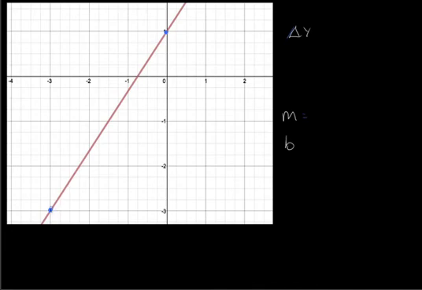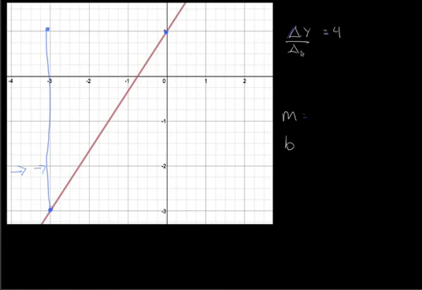That's the vertical change. Again, I'm going to go from left to right. We're going to do this like we're reading a book, left to right. I'm going to start with this point, and it looks like we're going from -3 all the way up to 1. -3 to 1, that's a change of 4.